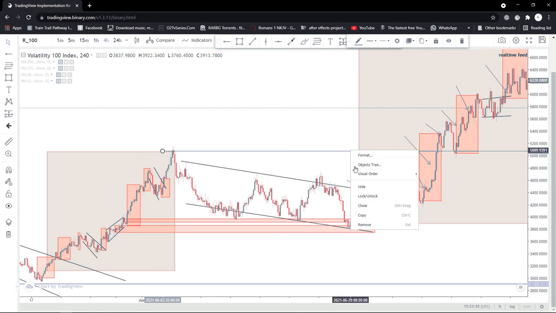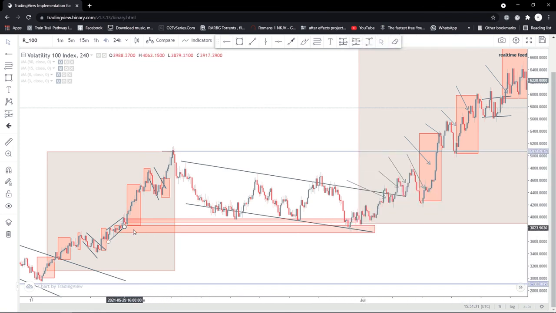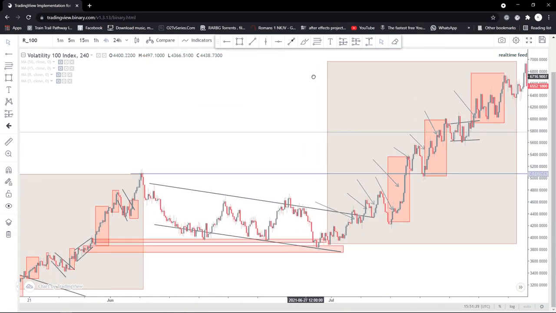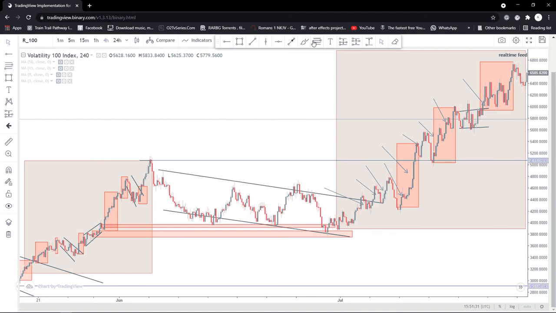You can see here it's a demand. Then price, what did it do? It gave an order block which was respected here, and then there was a supply there. There's your supply there. If you can take this on the other side where your supply really occurred, you can see that price, when it reached here, what did it do?